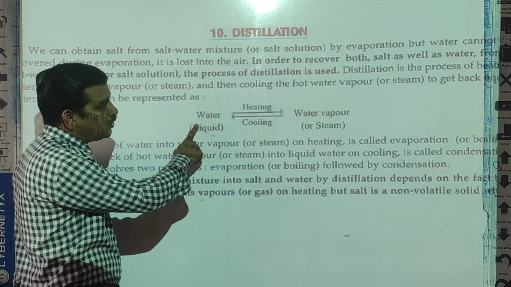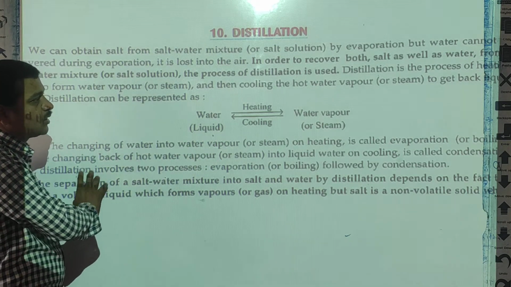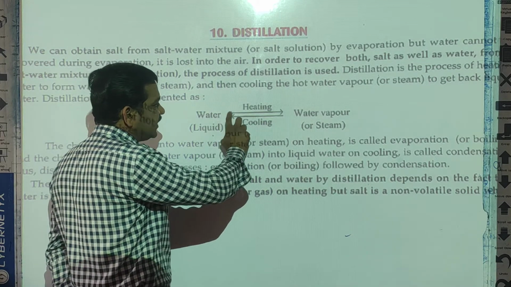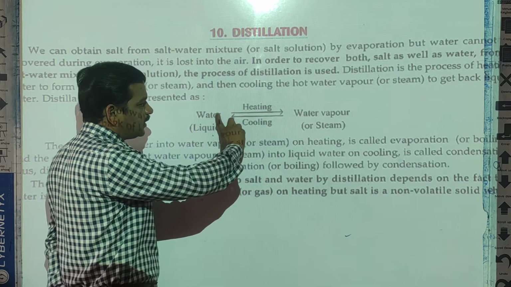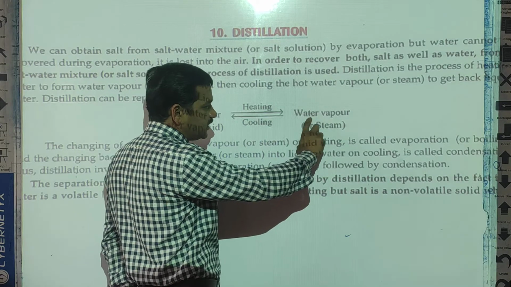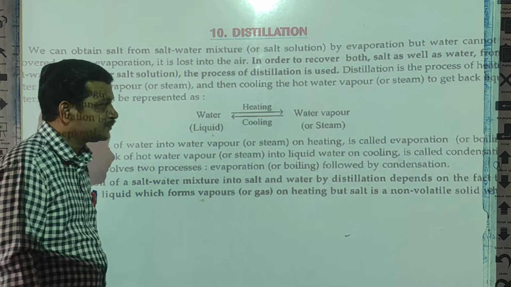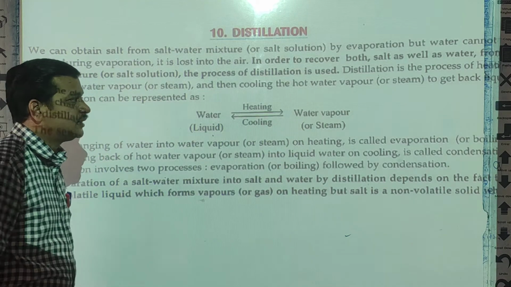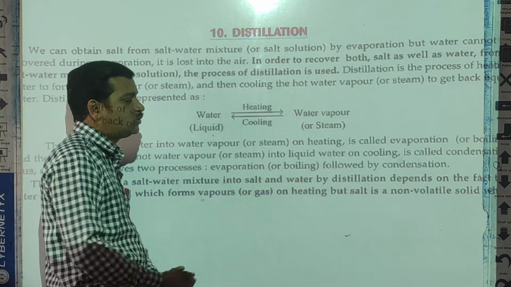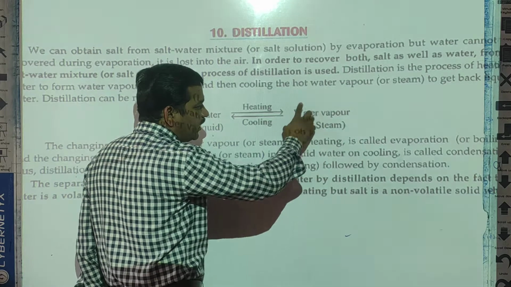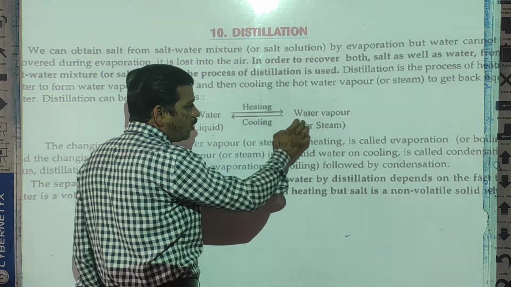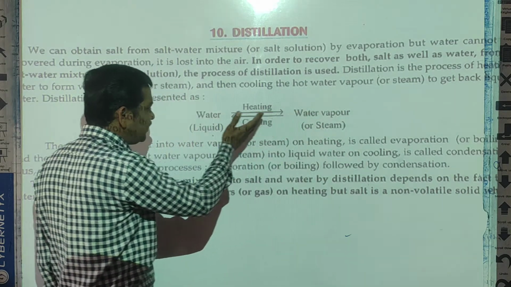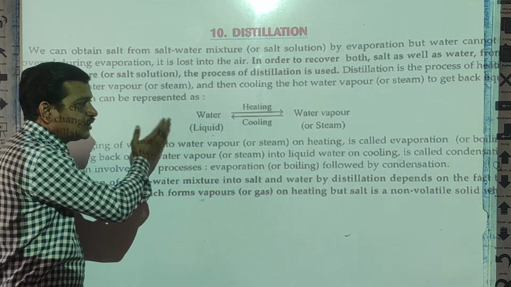So during the distillation process, see here, first we are heating the water. After heating, that water changes into water vapors, and then comes the cooling of hot water vapors or steam to get back the water.